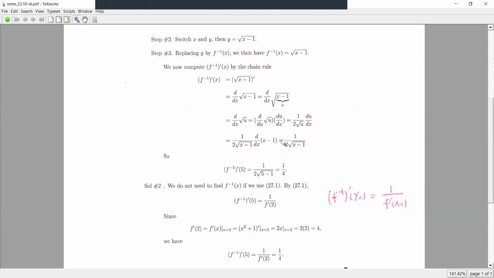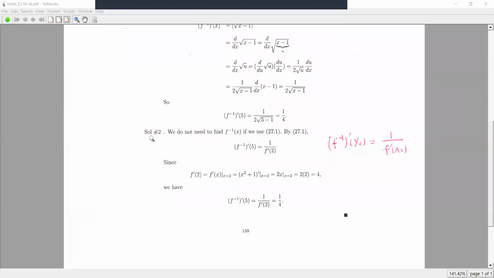So this is the derivative of the inverse function at x. Now, plug in 5 for x. Then we get the derivative of the inverse function at 5 is 1/4.